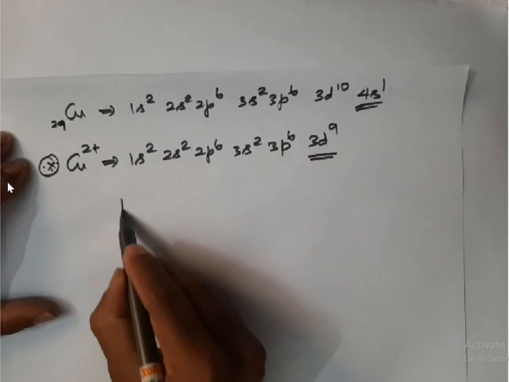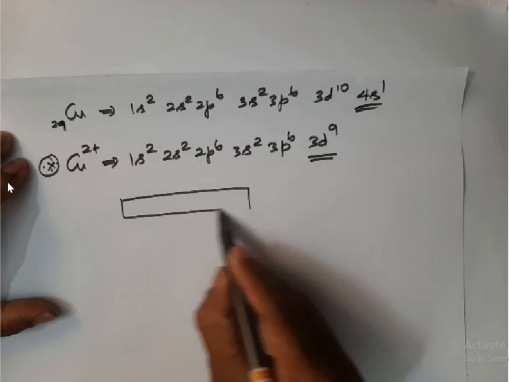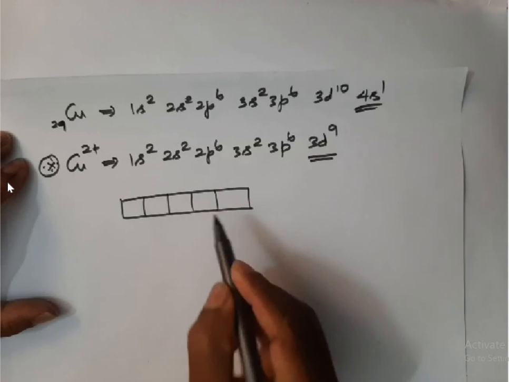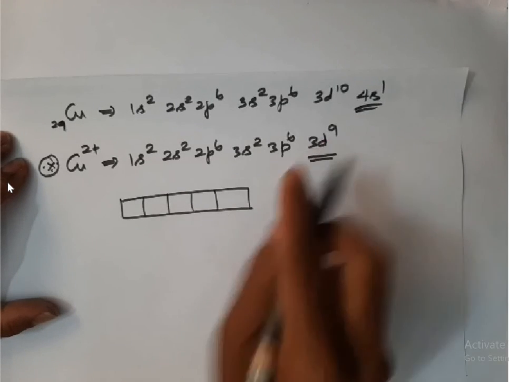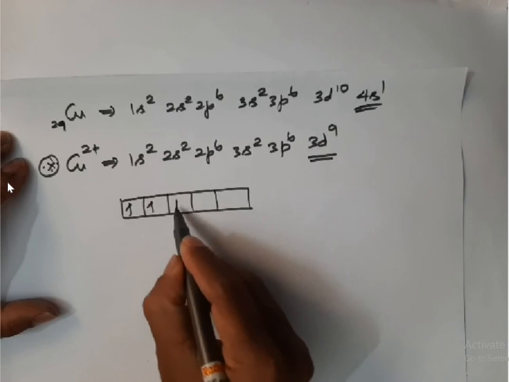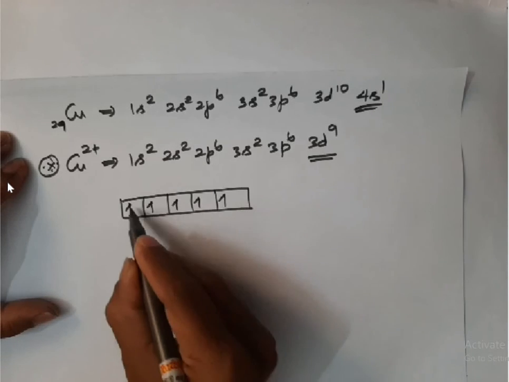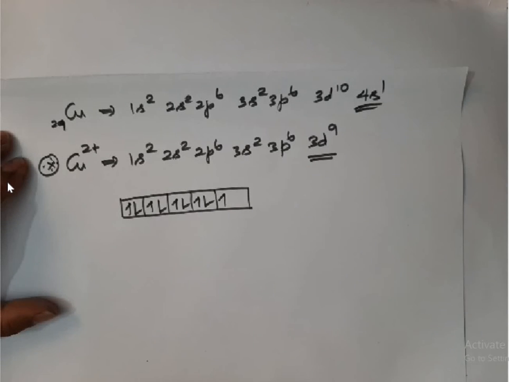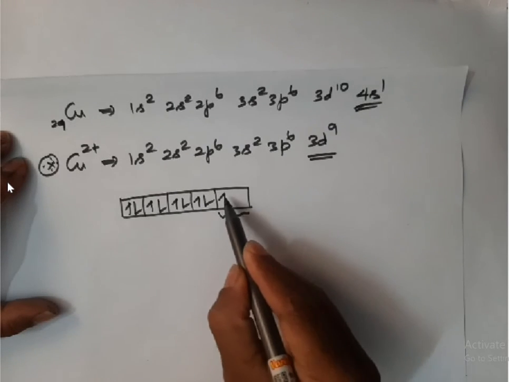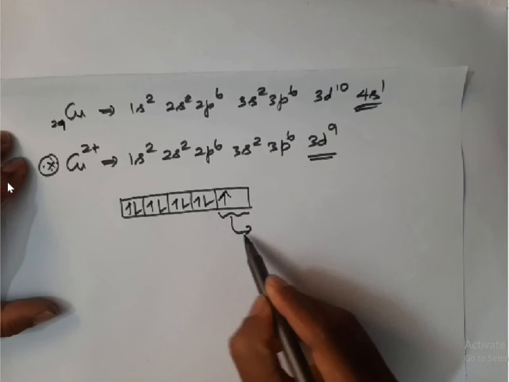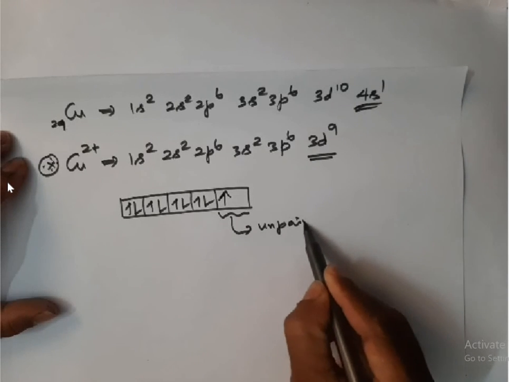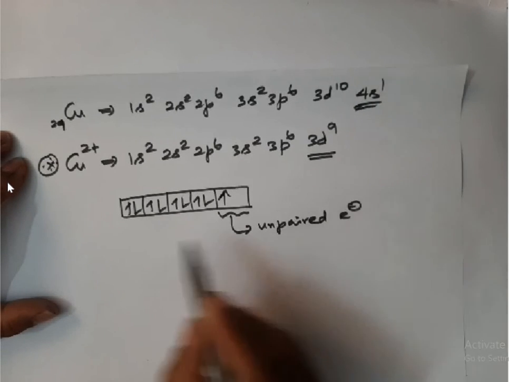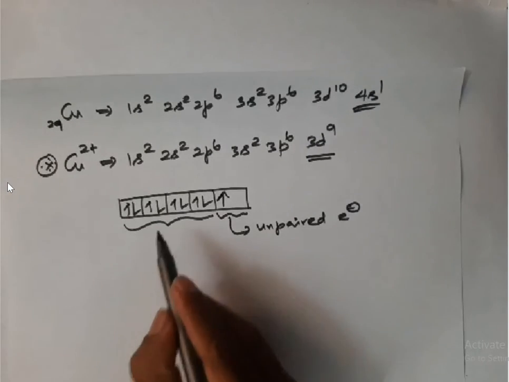You know very well the d subshell has 5 orbitals, right? Now you arrange the electrons: 1, 2, 3, 4, 5, 6, 7, 8, 9. Now see, I have an unpaired electron here. All these are paired electrons.